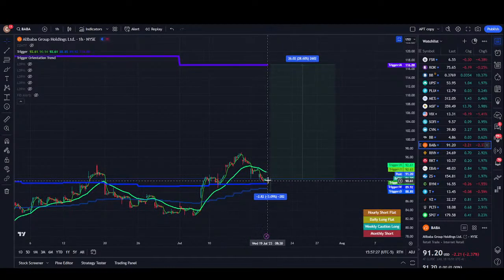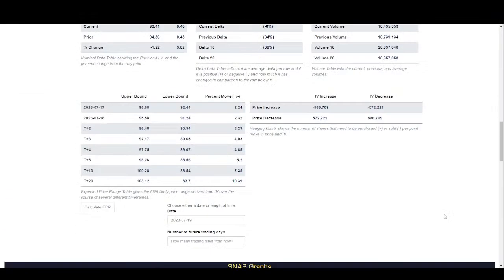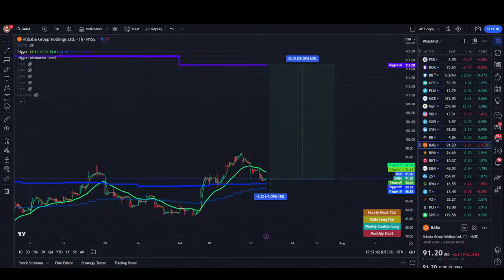So again, it's very possible that we may have some short-term bearish action, but the goal is to use the small pullback that the snap graphs and Voex are suggesting as a buy rather than a sell, with a stop loss below.